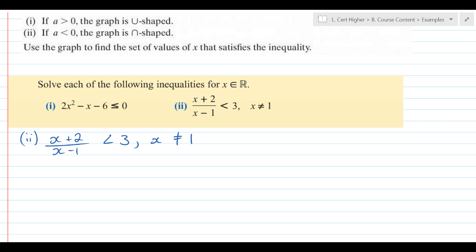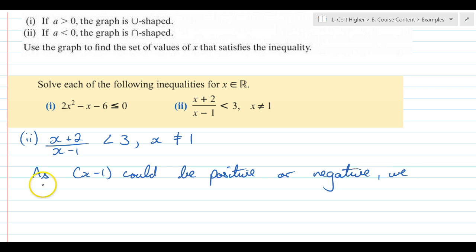I'll write this out, you can take it down: x minus 1 could be positive or negative, so we multiply both sides by x minus 1 squared, which is positive.